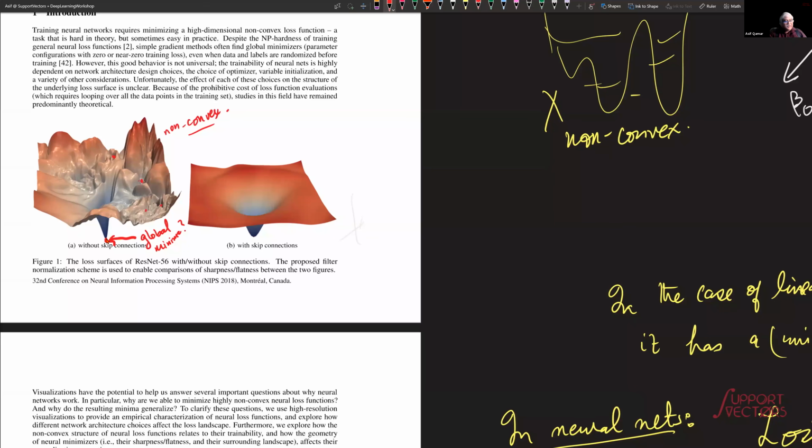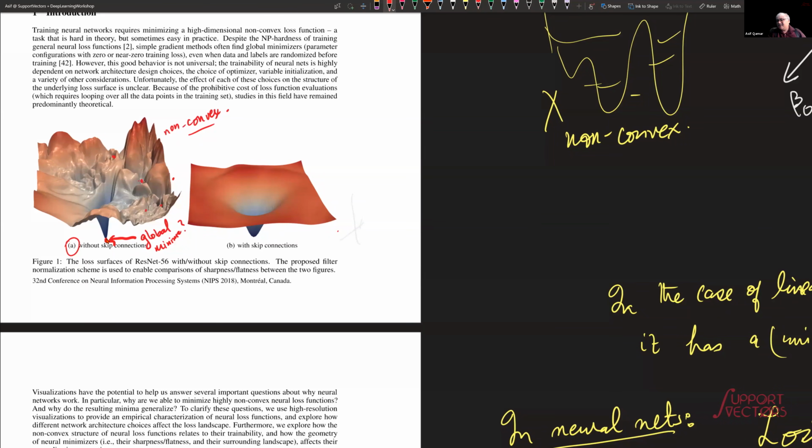And you see that here. What this picture is showing you is that picture A is without something called skip connections. It is the short circuits. If you don't put short circuits and you create a very deep neural network, let's say 50 layers deep, or in this particular case, 56 layers deep, and there's nothing special about 56, it just is a known architecture.